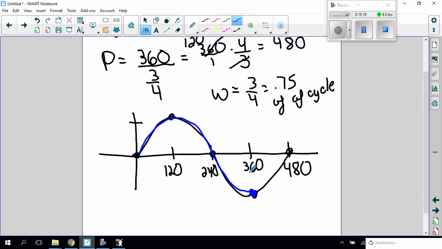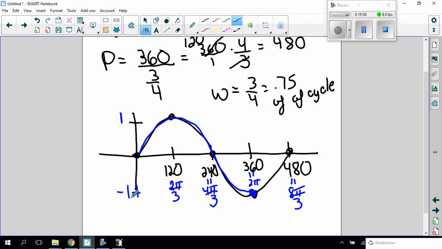Now you can be a cheater and just go 2 pi over 3, 4 pi over 3, 6 pi over 3, 8 pi over 3. You can be a cheater and graph it in radians like that, or do it in degrees and convert all the scales. And by the way, this is 1. This is -1.